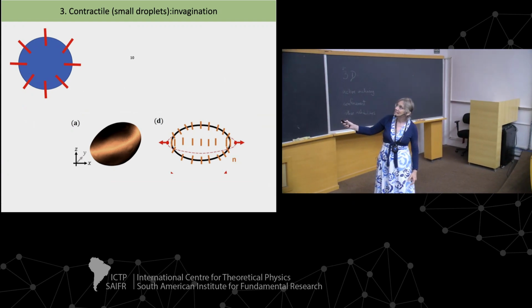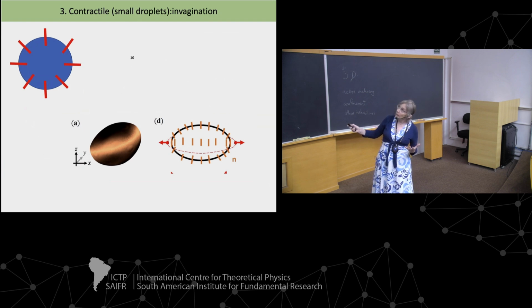And you can see that the director is normal to the surface. This is active anchoring. And so in the middle of the drop, remember I'm in 3D, there's going to be a hedgehog-like defect, which has all the directors pointing outwards from it. That's really bad because it's very, very high energy.